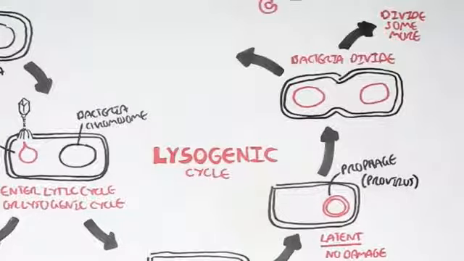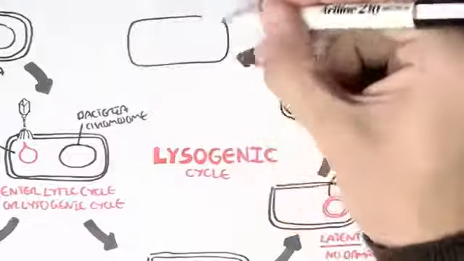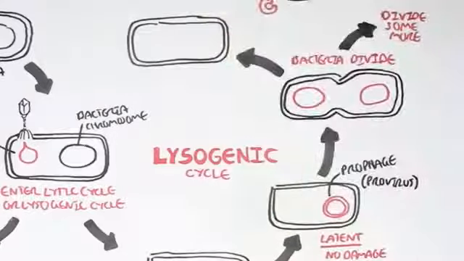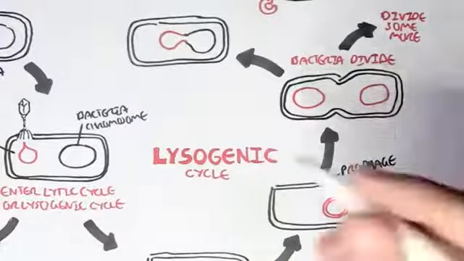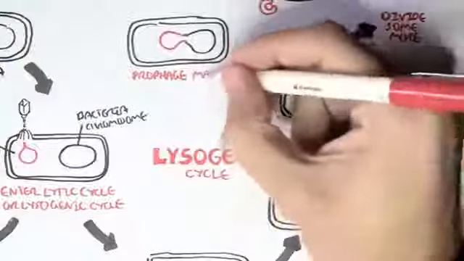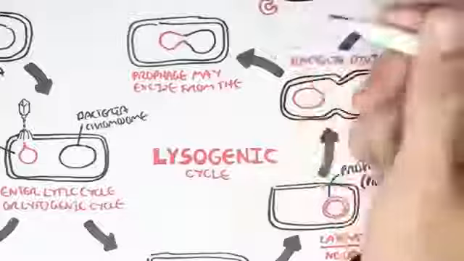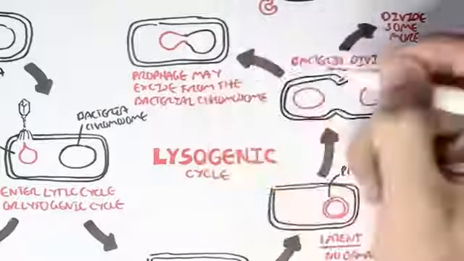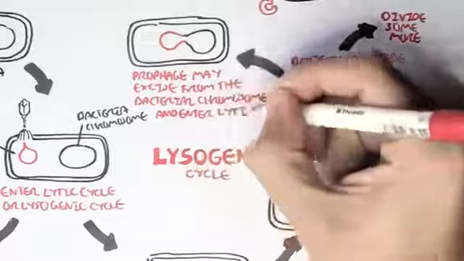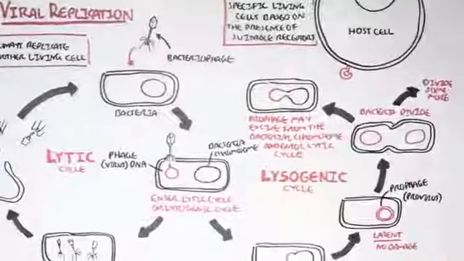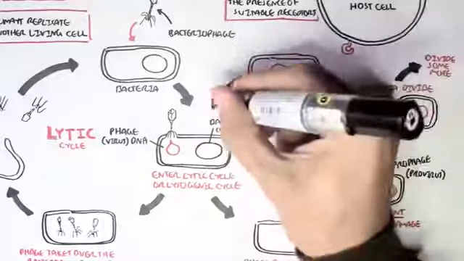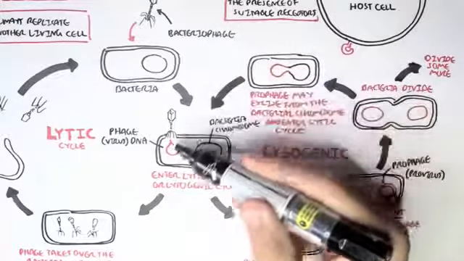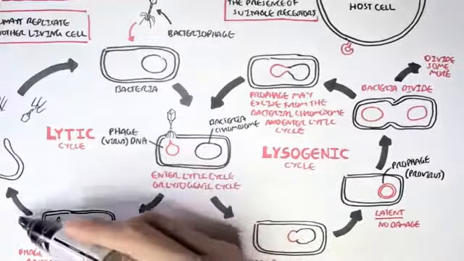Now, this can keep occurring, the bacteria can keep dividing, and phage DNA can keep being copied, until one day the phage DNA decides to move out of the bacterial chromosome. So the prophage, the phage DNA, may excise from the bacterial chromosome, and then it can enter the lytic cycle. And so because the phage DNA is out of the bacterial chromosome, it can then enter the lytic cycle and cause the bacteria to burst. I hope that makes sense.